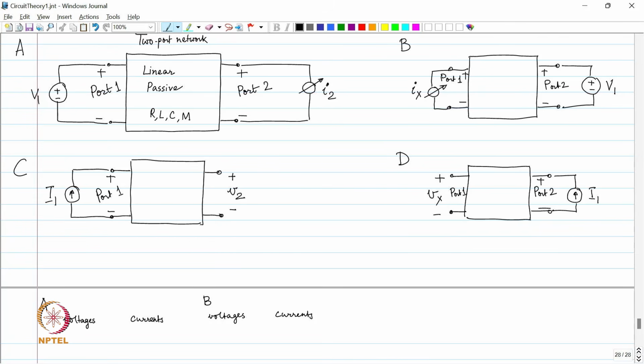So, first of all, in circuit A, I have the voltage V1 across port 1, and let us call this current I1A. I do not know what it is, let us call it I1A.